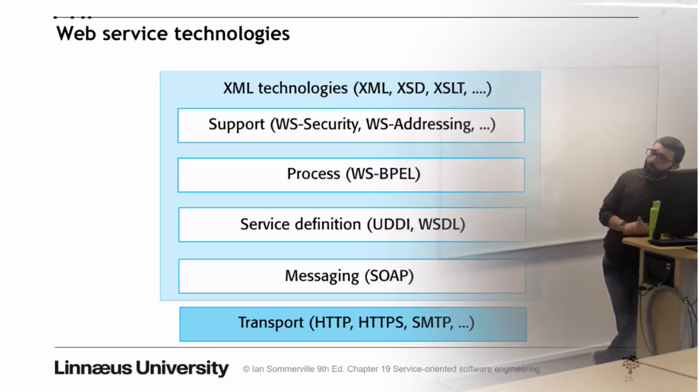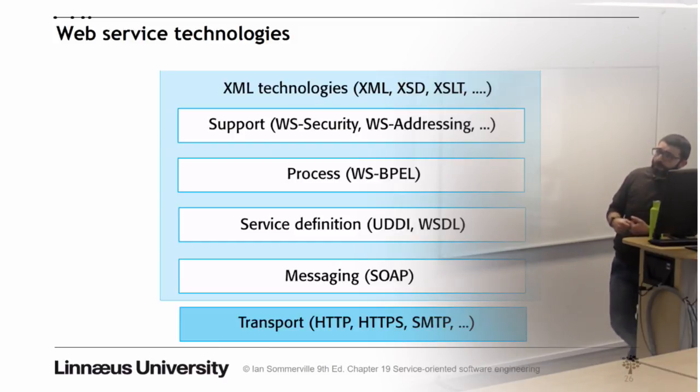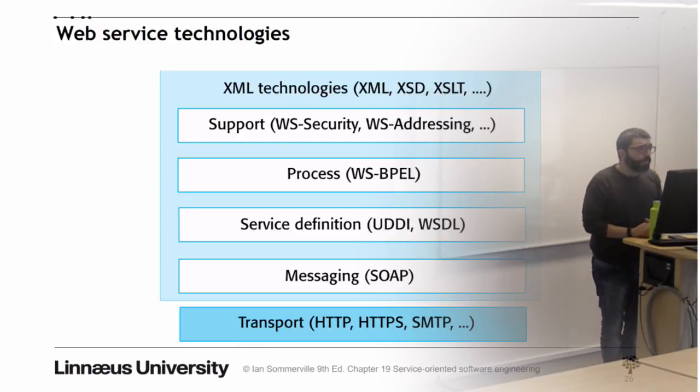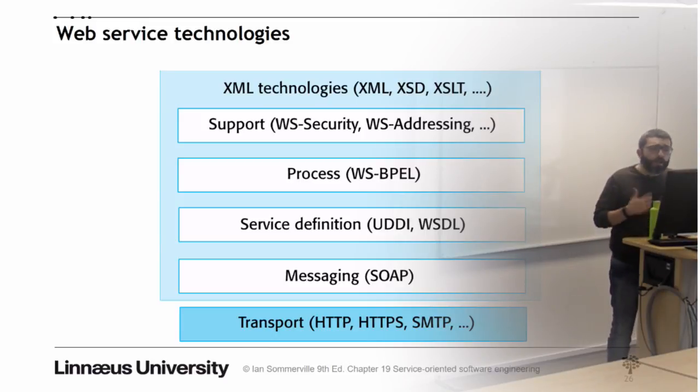In particular, we have WS-BPEL, which is a language that allows us to express composition, both orchestration and choreography of a service. And then we also have a high-level set of services that are implemented on top of this stack, some support services, for example, for security, addressing, transactions, and so on and so forth.